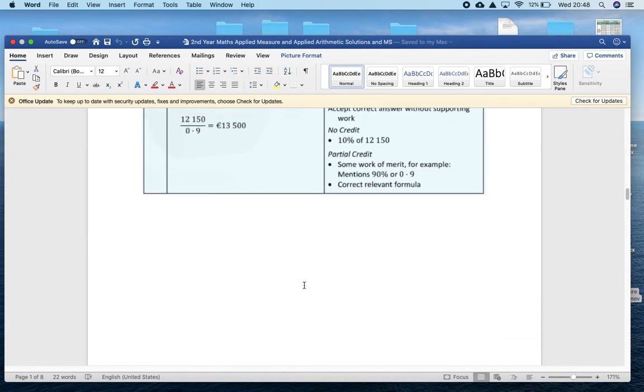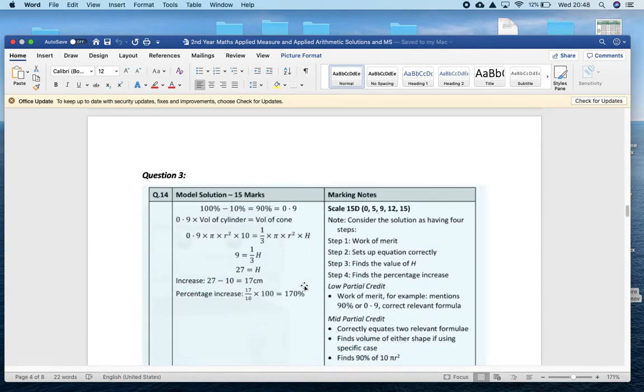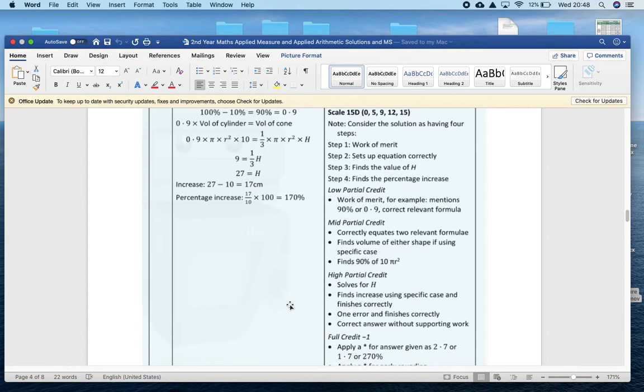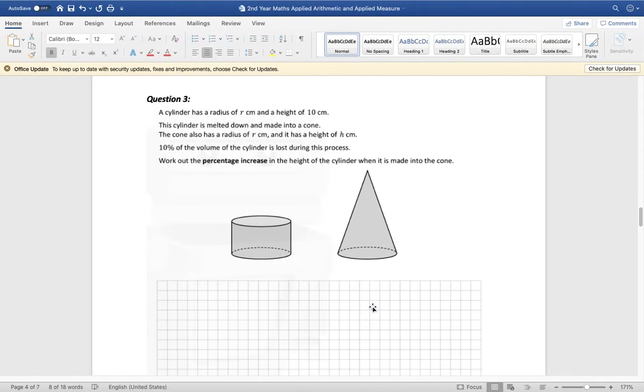Now question 3. No, that's done. Question 3. So plenty of that's a tough question. Plenty of partial marks available there, so have a good look through those and see where you fall in.